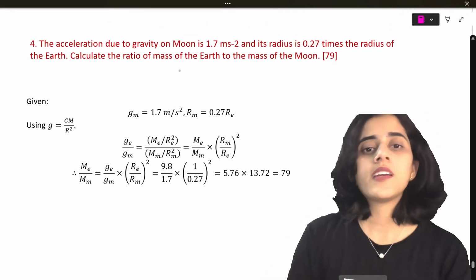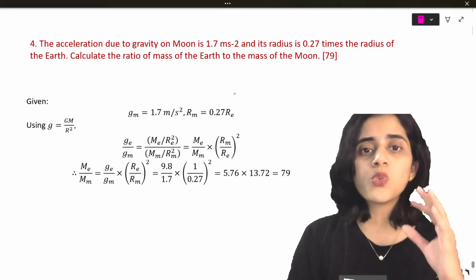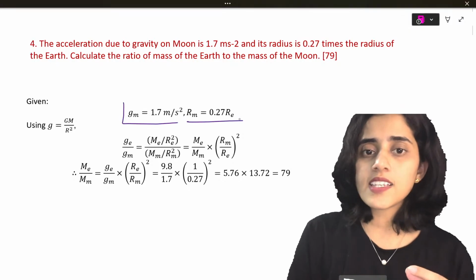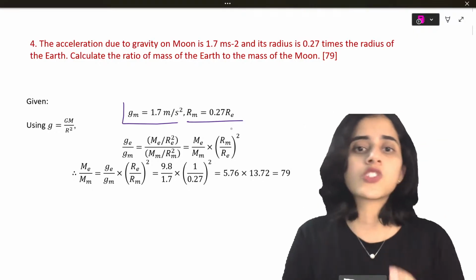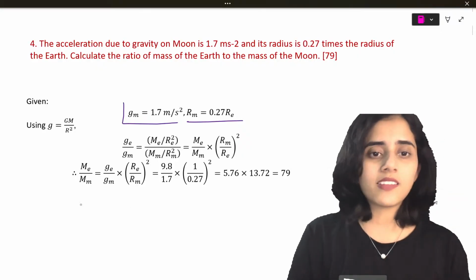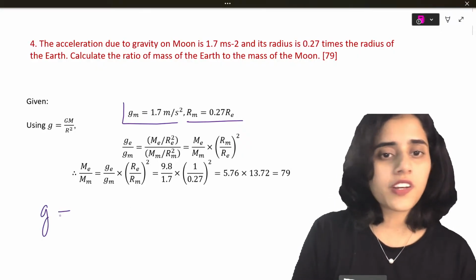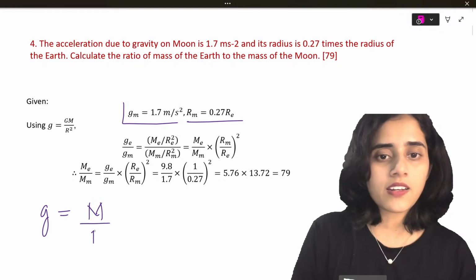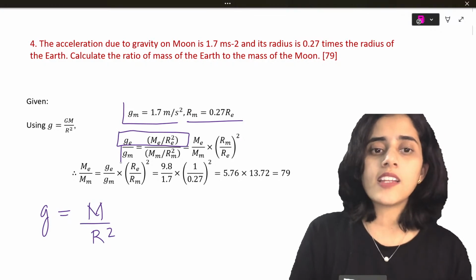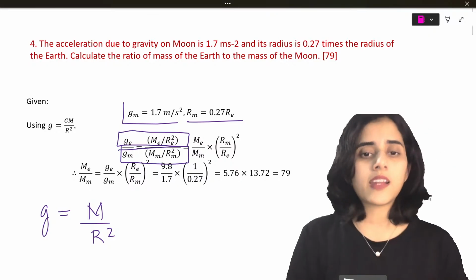Question number 4. The acceleration due to gravity on moon is 1.7. Gm is 1.7. And radius is 0.27 times the radius of the earth. So Rm is 0.27 times Re. You have to calculate the ratio. So we already know gravity is GM by r square. So Ge will be GMe by Re square and Gm will be GMm by Rm square.